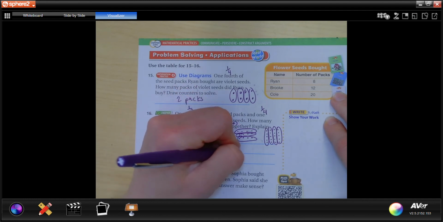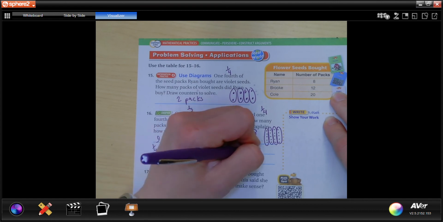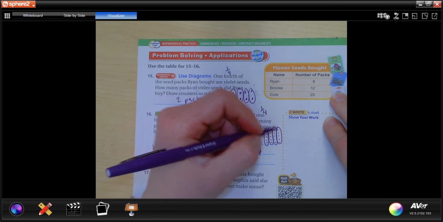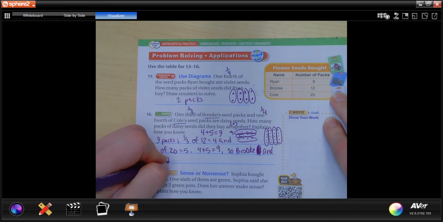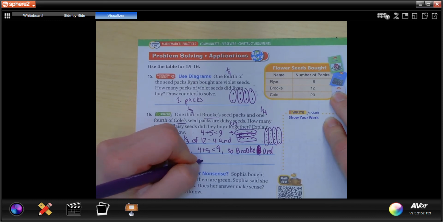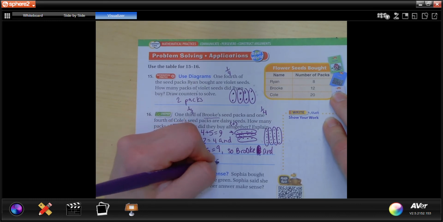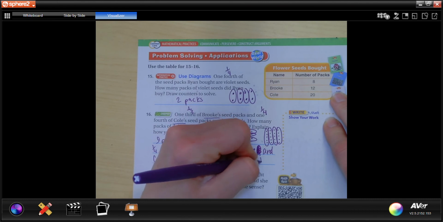So Brooke and Cole bought 9 packs of daisy seeds all together.